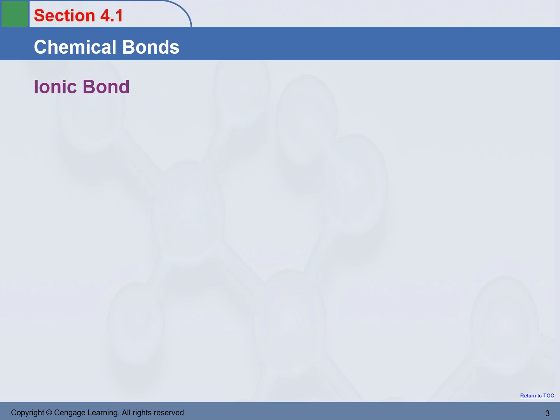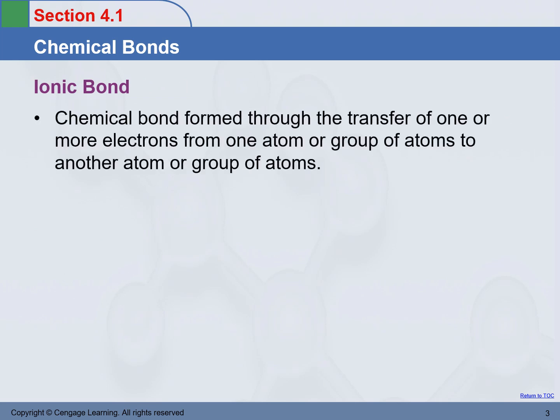Ionic bond. Ionic bond is formed through the transfer of electrons from one atom or group of atoms to another atom or group of atoms. Well, let's ignore the part that is talking about groups of atoms. We're going to talk about this at the end of this chapter.